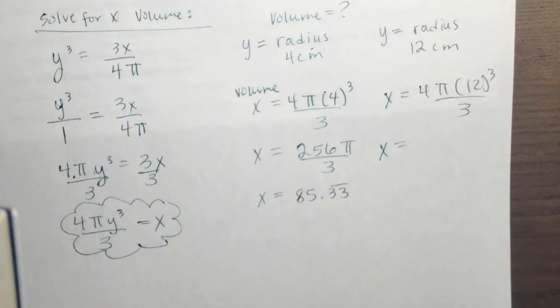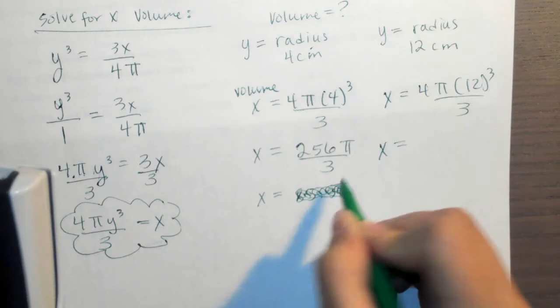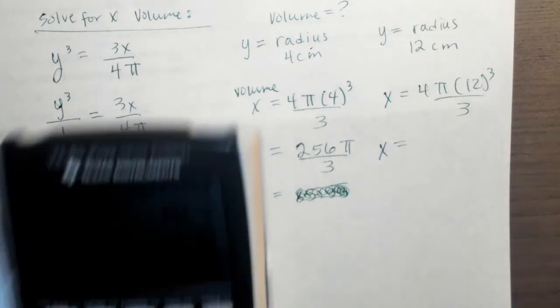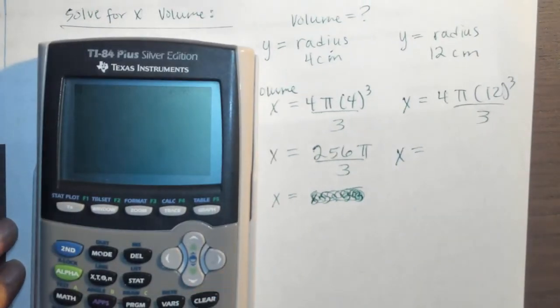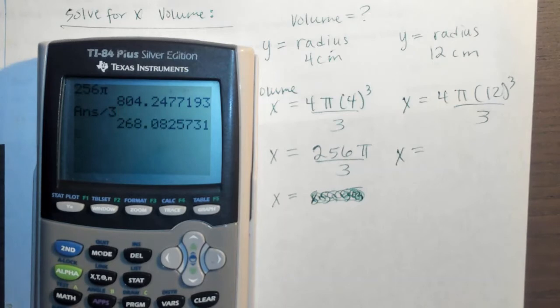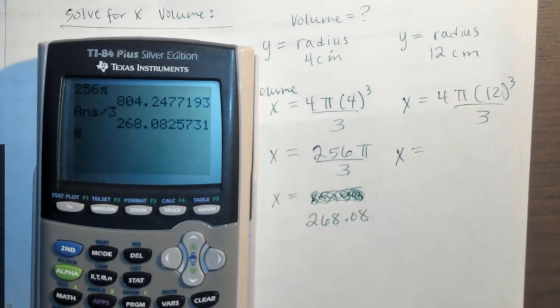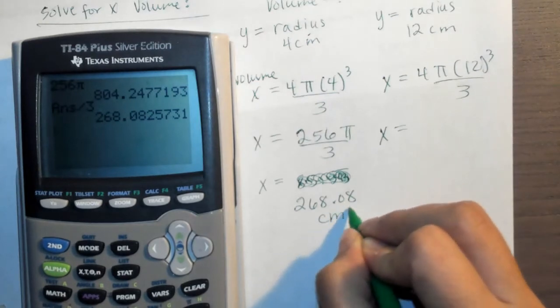This would be 12 cubed times 4. Actually, wait, hold on. I forgot to plug in pi. 256. So when I'm plugging this in, guys, it's going to be 256 times pi divided by 3. There we go. So 268.08. And that's centimeters cubed.